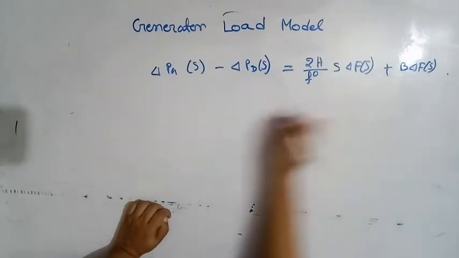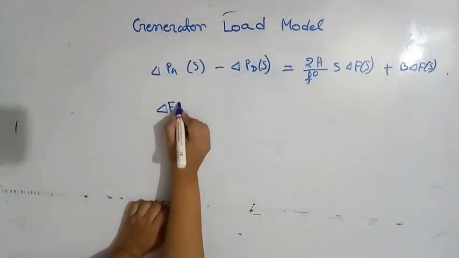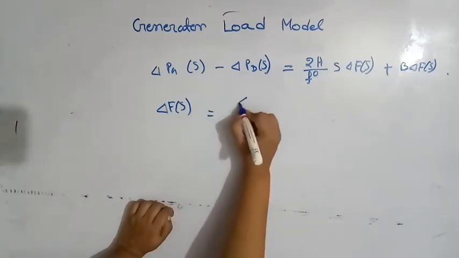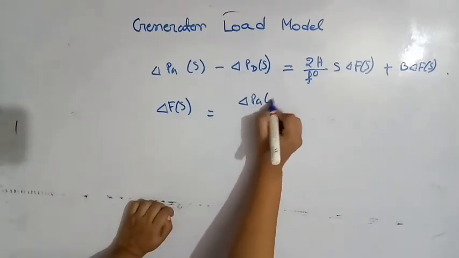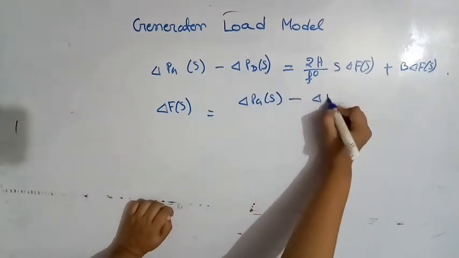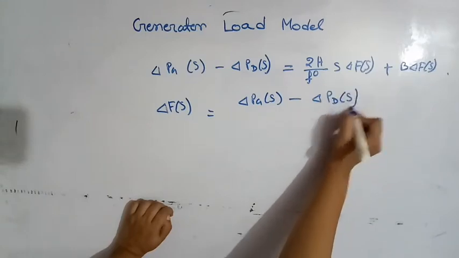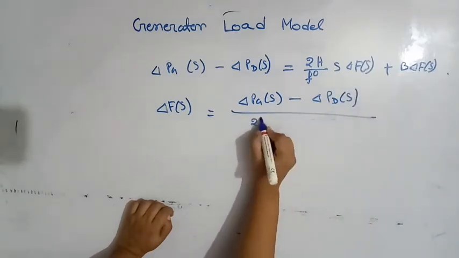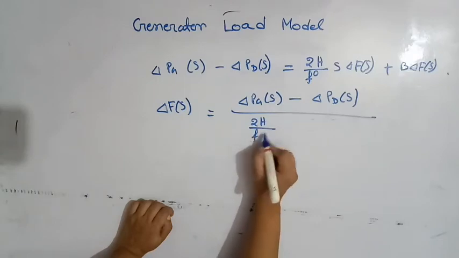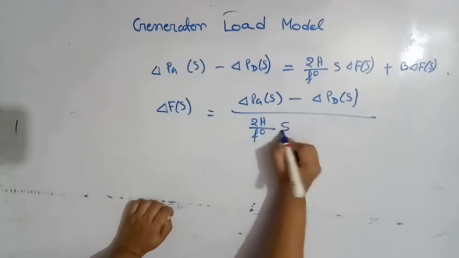So delta FS is equal to delta PGS minus delta PDS divided by 2H by F0 S plus B.